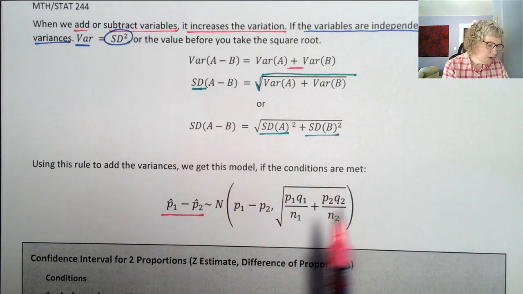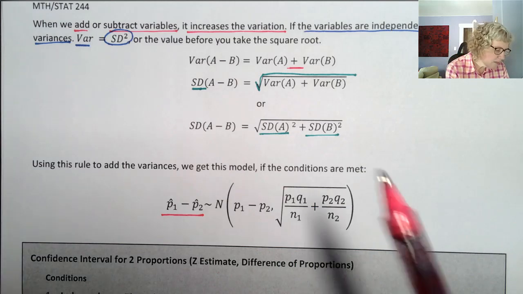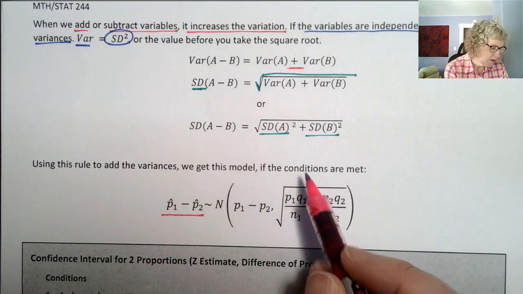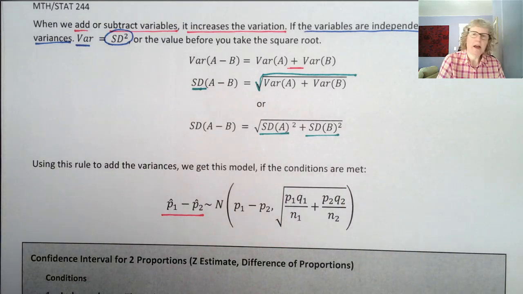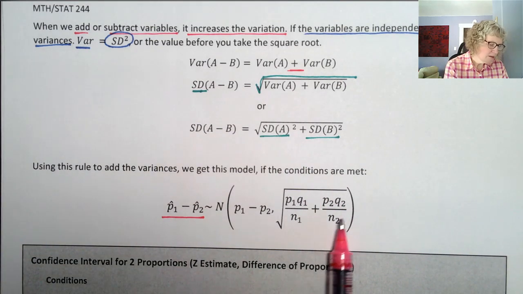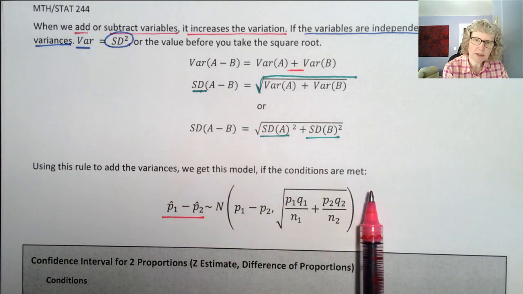It's the square root of a sum, and remember the PQ over N, right? But we had square root of PQ over N. So imagine we have the square root of the first one squared, because we had to square it. You can't just add things inside square roots, which it looks like that's what we're doing, but we're not. It would be the square root of this squared plus the square root of the second one squared, all in the square root, okay?